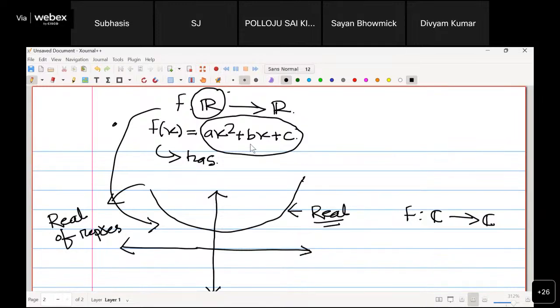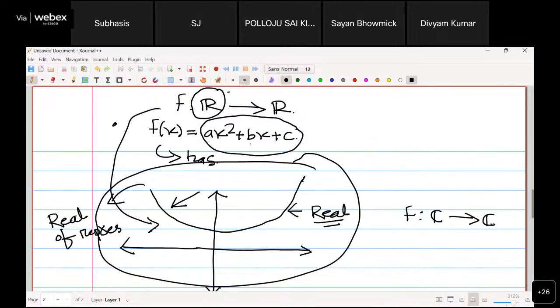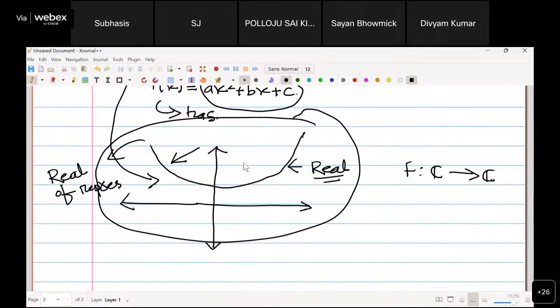That is because you are drawing the graph of the function from R to R. It may have a complex root, but just by looking at the graph you can't say that, because you are drawing on a real line. It's really confusing, sir. It's okay for now, no problem.